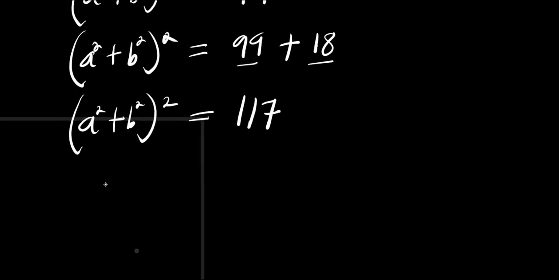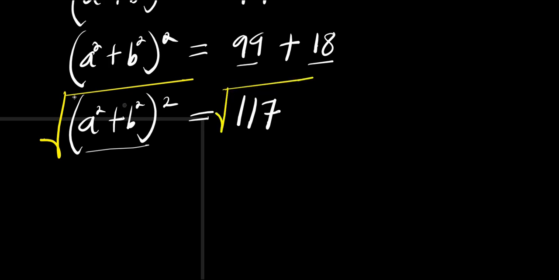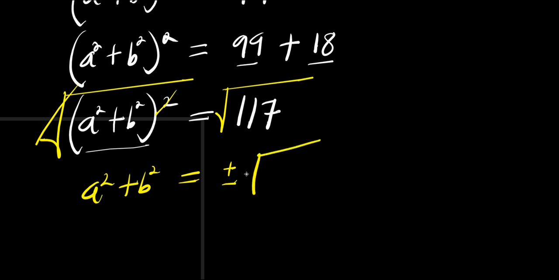Now, we can decide to solve for a squared plus b squared by taking the square root. So this square root eliminates the square here. We have a squared plus b squared equals plus or minus square root of 117.